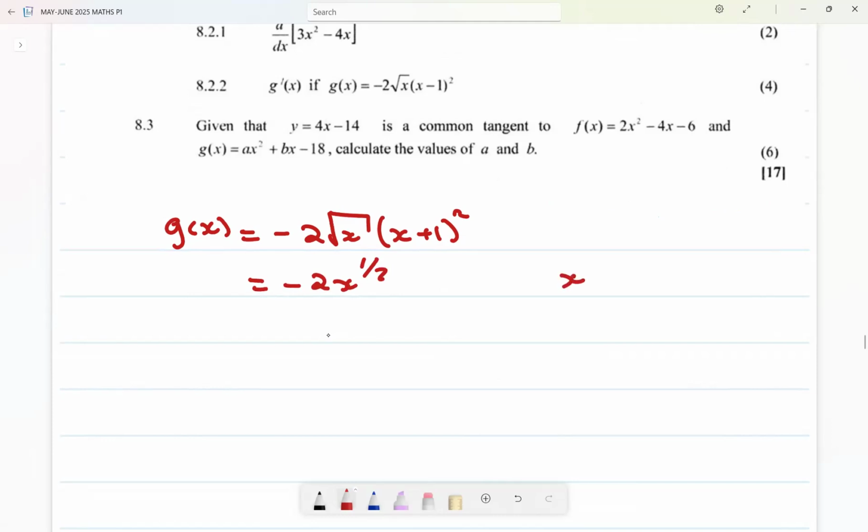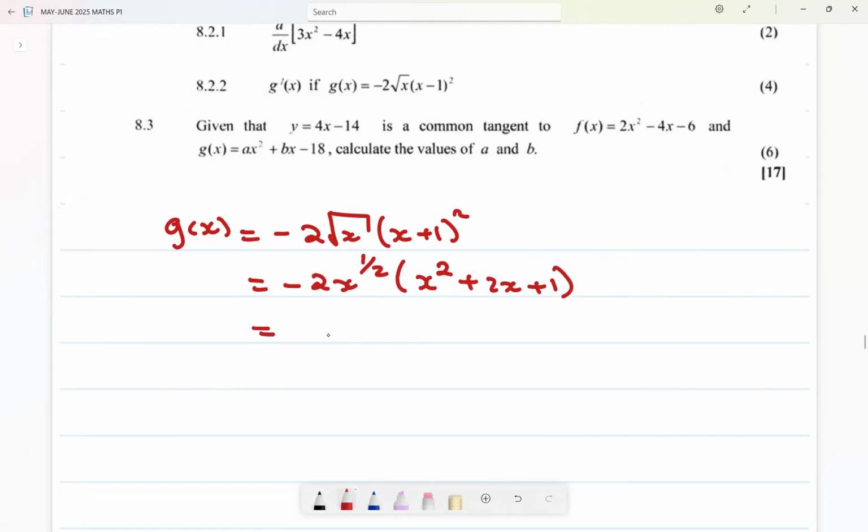Remember, if I'm having x to the power of 3 divided by 2, here it is just 1, and here, square root, it is 2, so it's half. I can simplify this to x squared plus 2x plus 1.